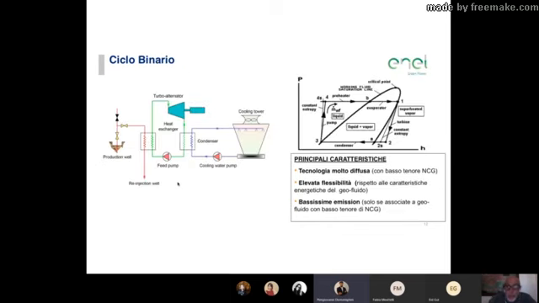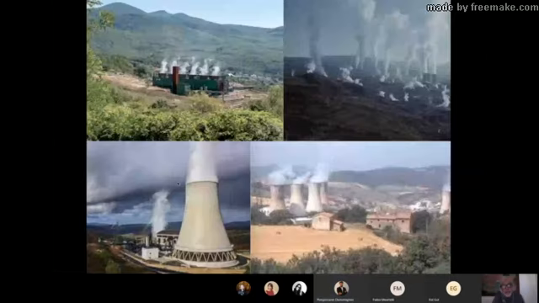Okay. And these are some sceneries taken from Italy, just to show the impact on the environment, also from the landscape point of view.